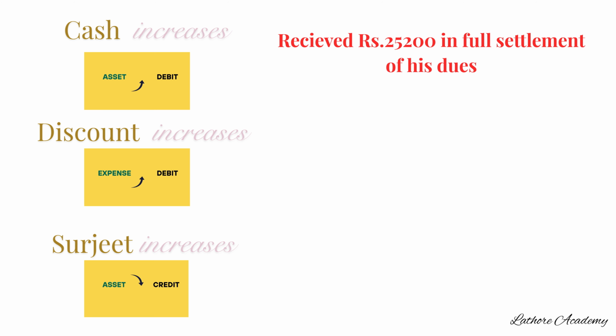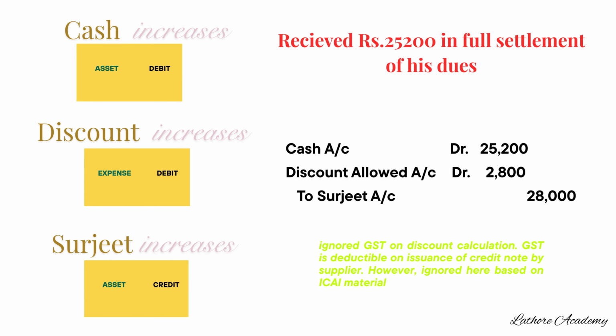The three accounts involved here are cash account, discount allowed account, and Surjit account. Cash being an asset increasing, debit; discount allowed being an expense increasing, debit; Surjit account, since we are receiving the payment and the asset, Surjit being a debtor, is decreasing, we have to credit 28,000. It is in full settlement, he is settling 28,000 where we are getting only 25,200, so the balance will become discount allowed.